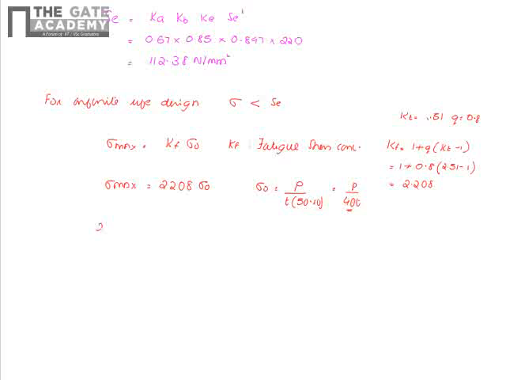Therefore we can say 2.208 times the nominal stress should be less than Se, or sigma naught should be equal to Se by 2.208. And what is Se? 112.38 Newton per mm square divided by 2.208. This is nothing but 50.89.